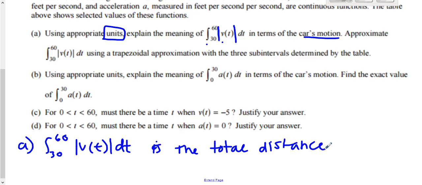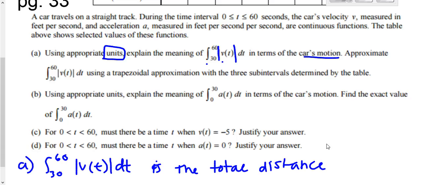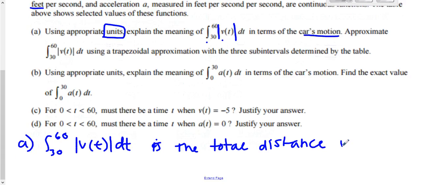And how is our distance measured? Let's look back up here. We are talking about feet per second. So if we're talking about distance, then it's going to be in feet, because it said to have units. So there are our units, in feet. We're talking about the car. What happened to the car? Well, the total distance in feet the car traveled.